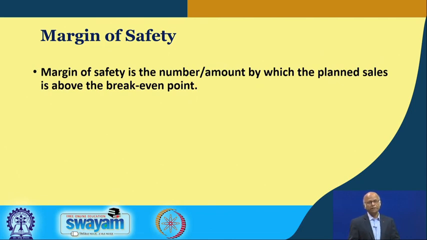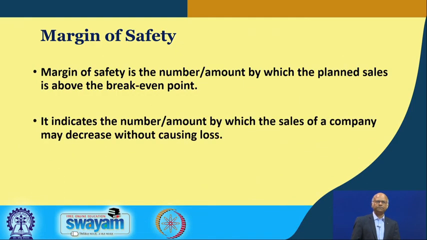Why is it safety? Because if you are planning to sell much above the break even point, that shows that your operation is not so sensitive to market vagaries, meaning that if market situation deteriorates and your sales come down, still you are comfortable till the point where your total sales is 5,000.